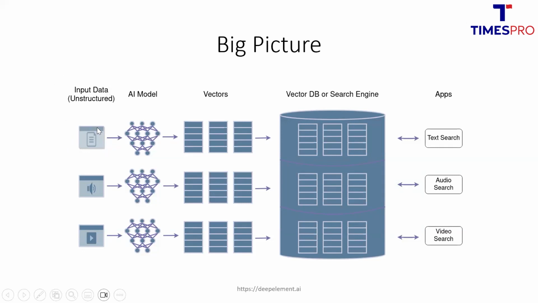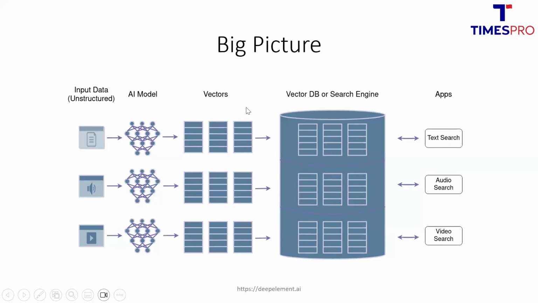The data could be text, images, audio, or DNA sequences. The first thing you do is pick an AI model which suits your data, which is compatible with your data. And using that AI model, you convert all your unstructured data into vectors.